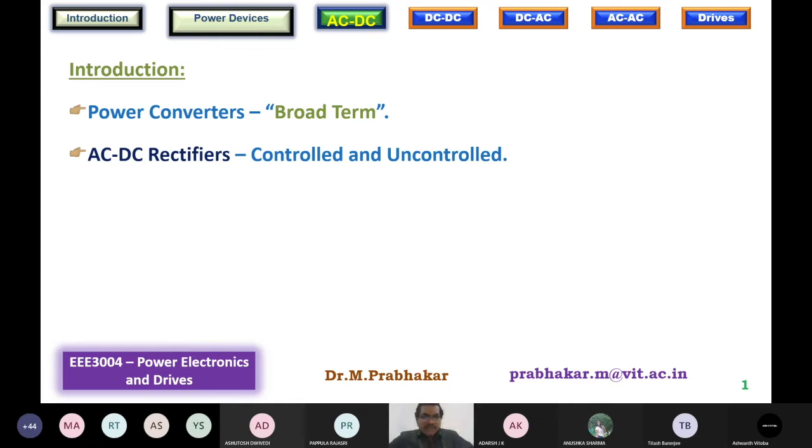Incidentally, there are various types of rectifiers. Based on a transformer, you have the midpoint type. Based on the arrangement of devices, you have the bridge type. But in power electronics, we are focusing only on bridge type AC/DC rectifiers, because transformer versions have certain disadvantages.